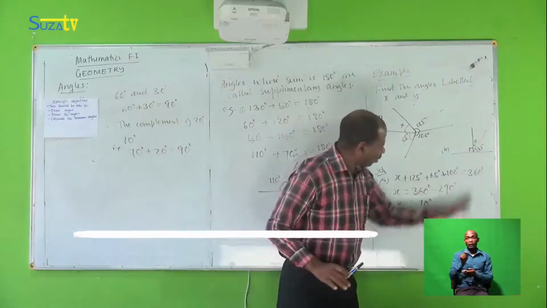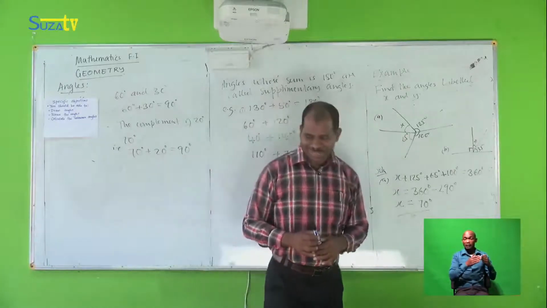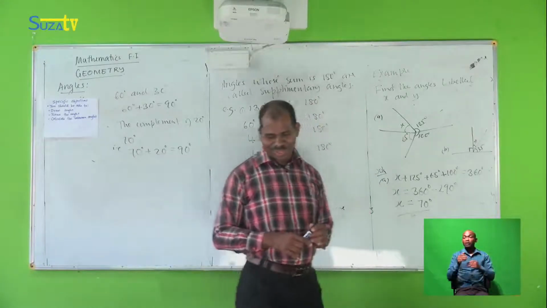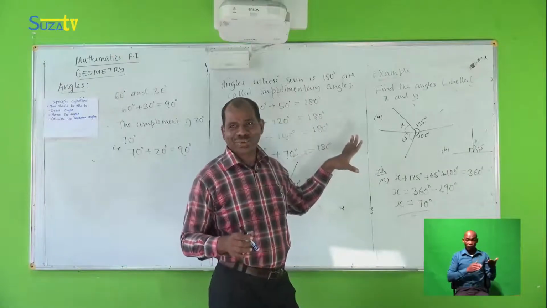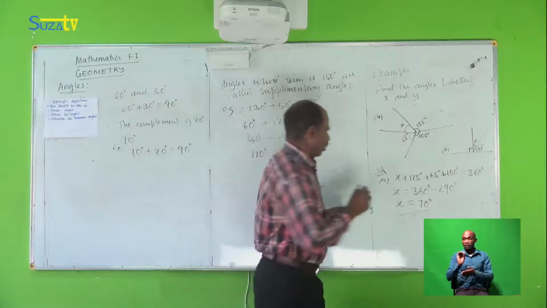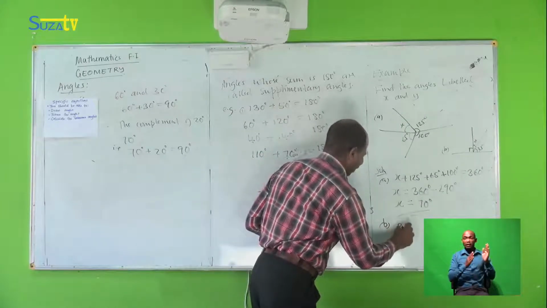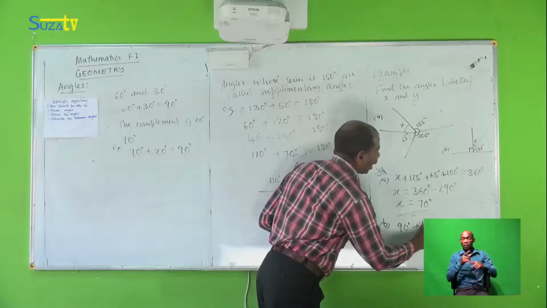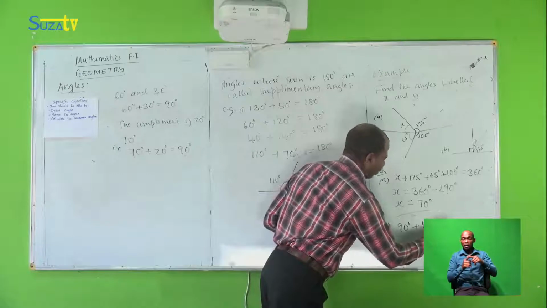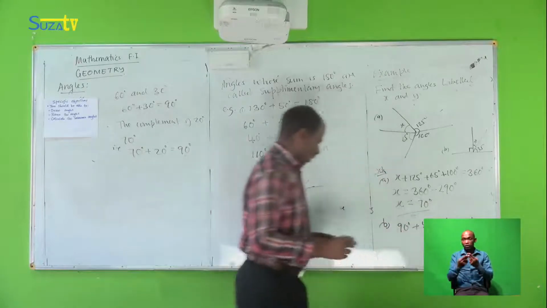And number 2, here, we have right angles. Otherwise, we can use a half turn, which is 180 degrees. So number B, by adding this 90 degrees plus y plus 35 degrees is equal to 180 degrees.